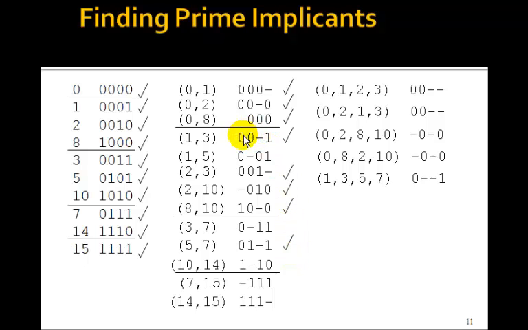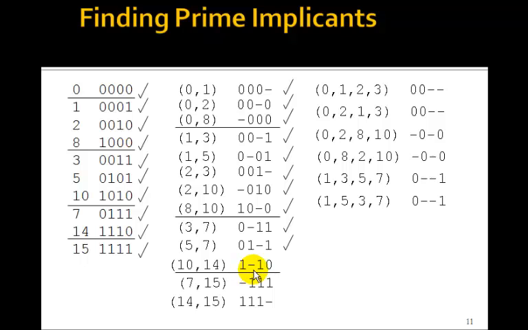How about 1, 5? 1, 5 can go with 3, 7. 0 dash dash 1, same as this one again. Check off the 1, 5 and the 3, 7.